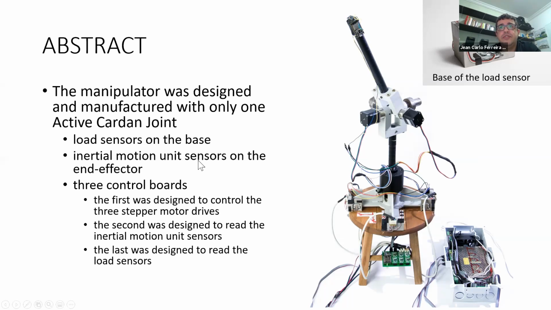The inertial measurement unit sensors on the end effector here, IMU here, and the 3 control boards, all right? The first was designed to control the 3 stepper motor drives, 1 below the bench, and other 2 in the joint, okay? And the last was designed to read the load sensors here.